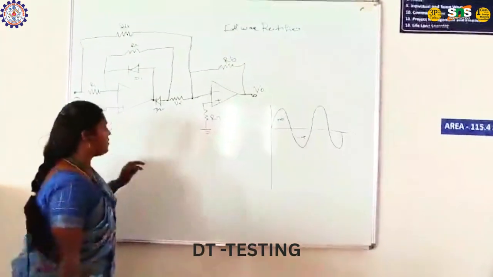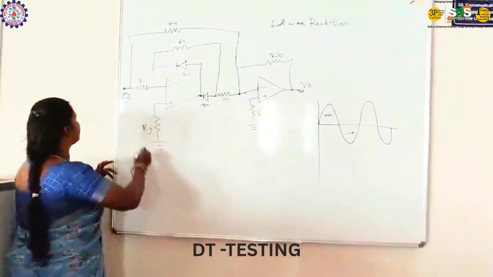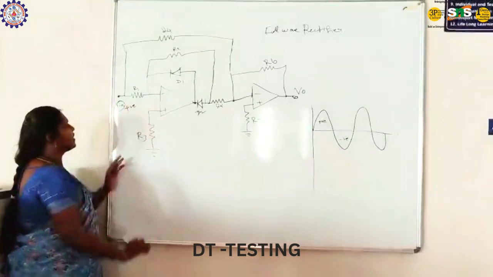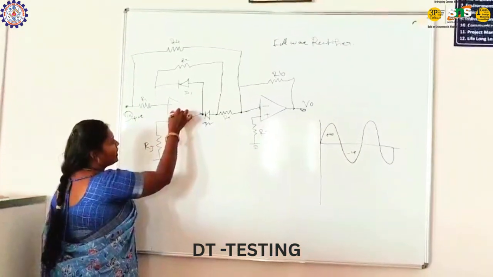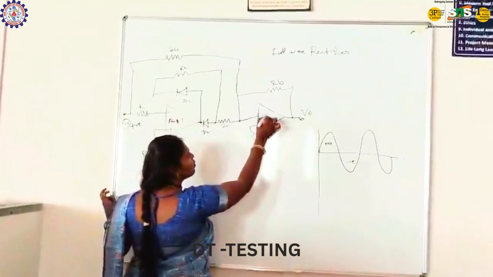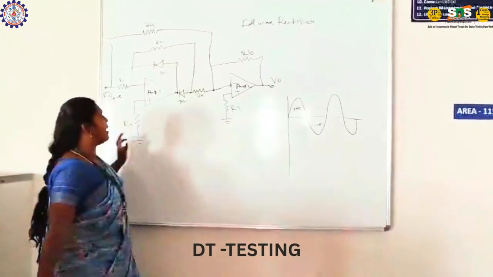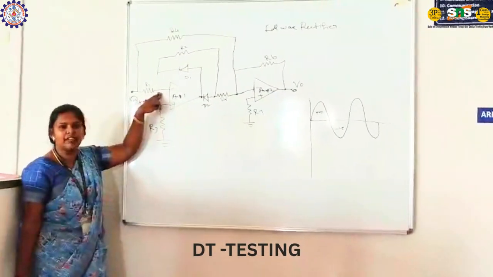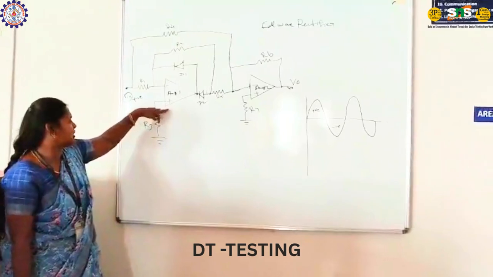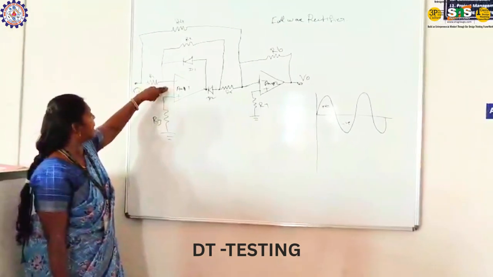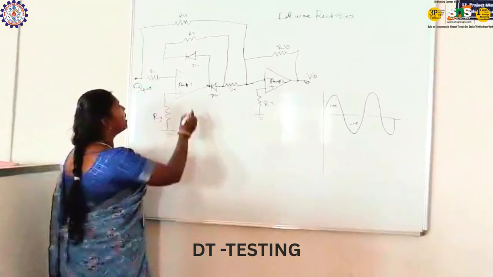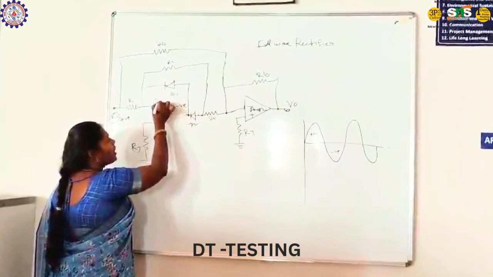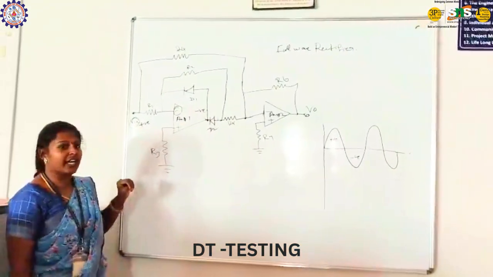So while I apply positive signal to this first amplifier, this amplifier 1 and this amplifier 2. So this amplifier 1 is an inverting amplifier because the non-inverting terminal is grounded. So this amplifier will amplify that positive signal into negative signal because of this negative sign, right?